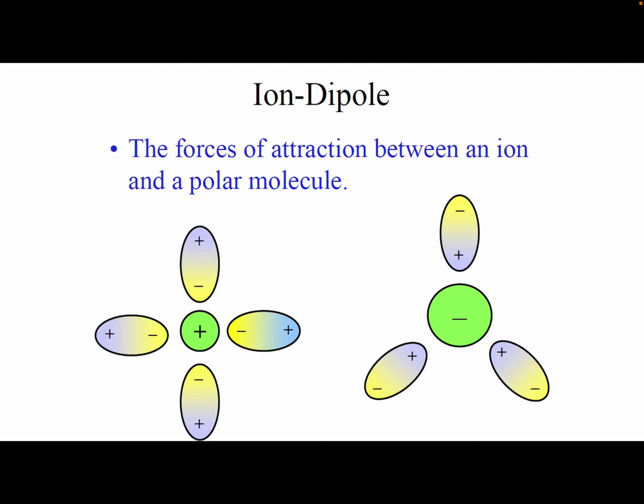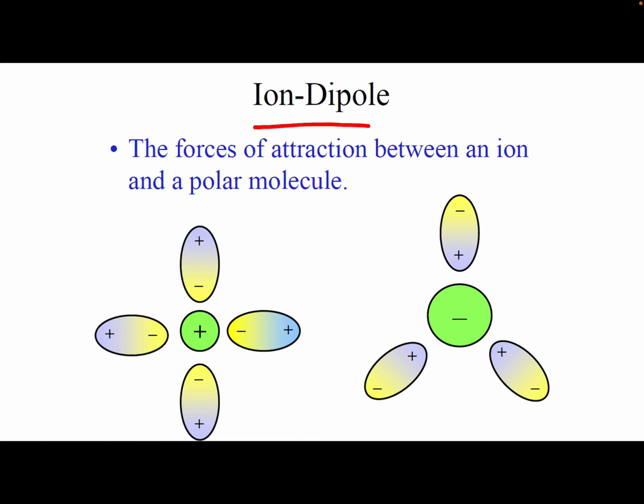This is going to happen when an ionic compound dissolves in water, basically. And so if you read a prompt and it says salt is dissolved in water or some ionic compound is dissolved in water, you're going to have an ion dipole force.